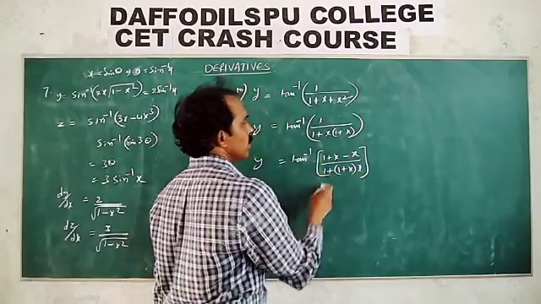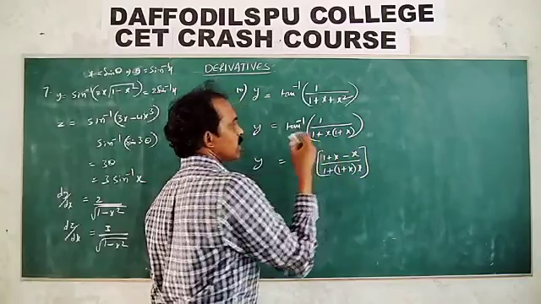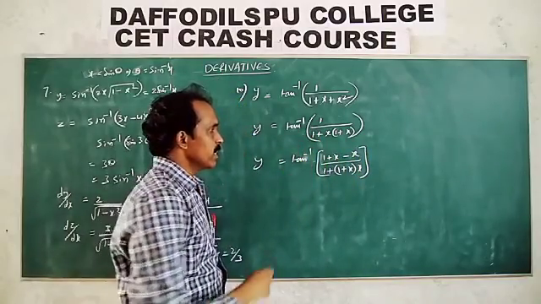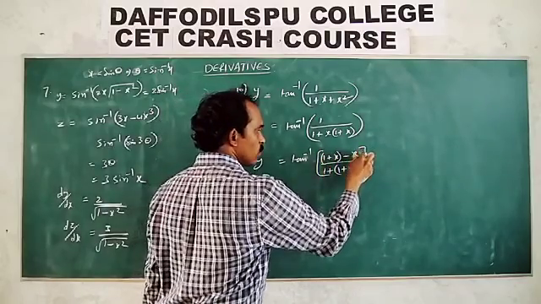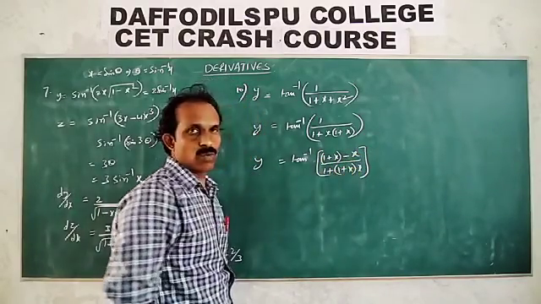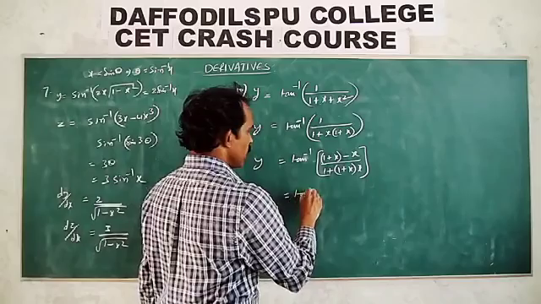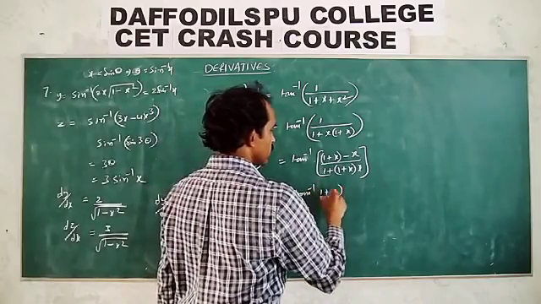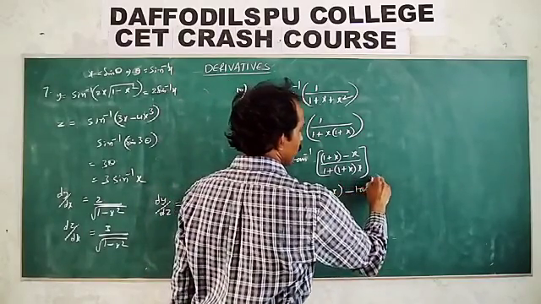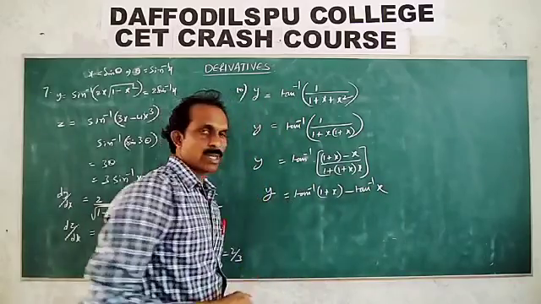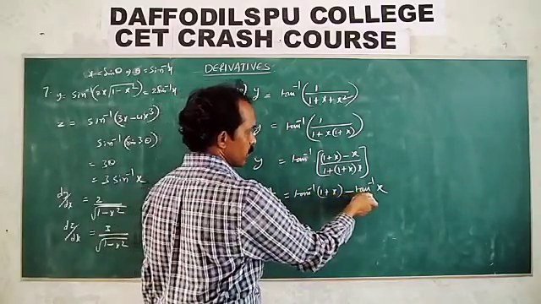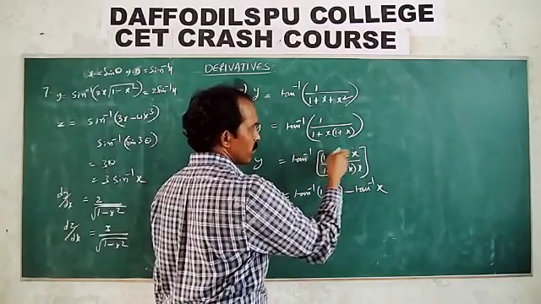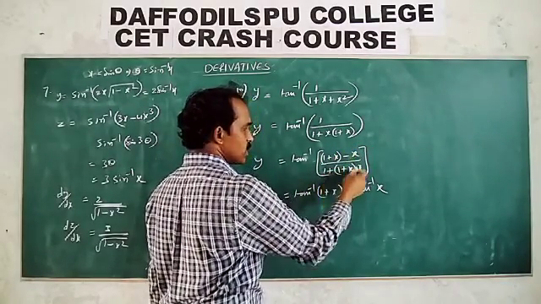Okay, understand? Suppose 1 plus x cancel, only 1 is remaining. This is in the formula. What is the formula? Tan inverse of (x minus y) by (1 plus x into y). So the formula gives tan inverse of 1 plus x minus tan inverse x.